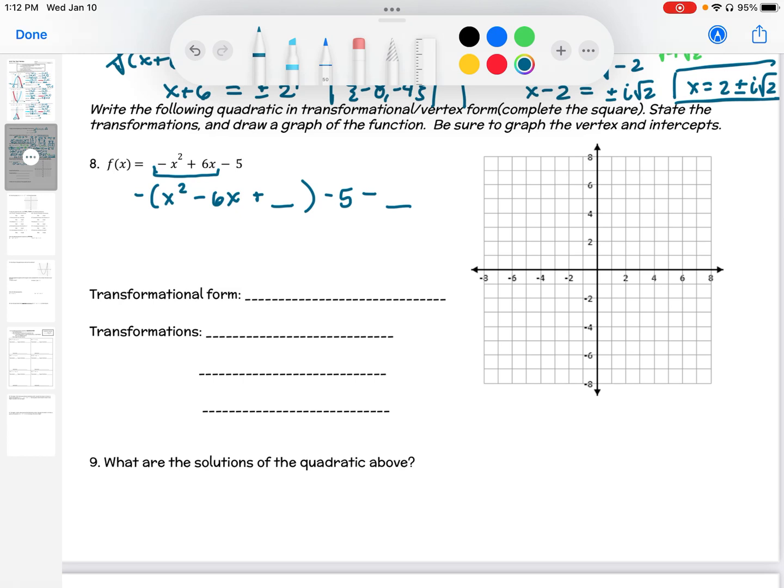All right, so we're going to follow the same steps we did before. So for this number, we're going to do negative 6 divided by 2, which would be negative 3, squared equals 9. So we're going to have plus 9. All right, so now we just have a negative on the outside, so we have to do 9 times negative 1, which is going to give us negative 9.